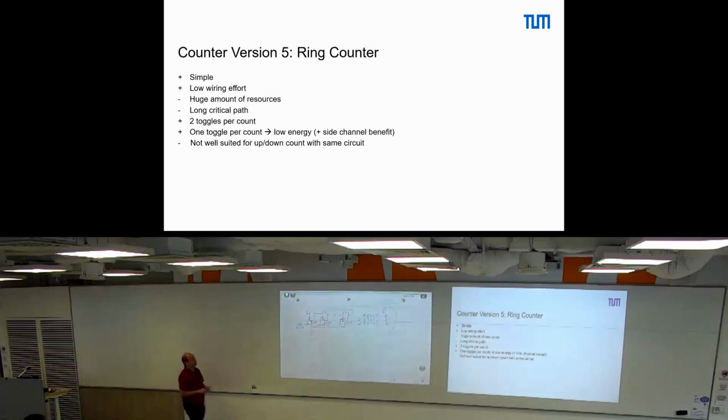So in this counter, effectively the index of the flip-flop is the value I want to have, and the internal state is all zeros and a single 1. This is also called one-hot encoding.